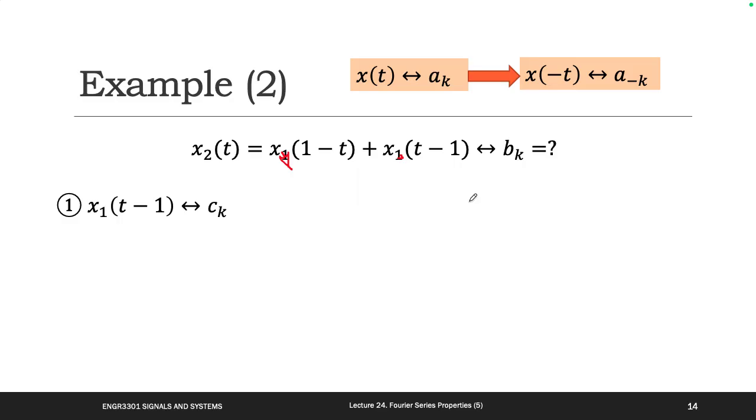And then for x1(t - 1), the new Fs coefficient, you can use the shifting property to get that, right? This one is easy to get, we can use the shifting property. But this one is not the typical shifting property we can use, so we cannot directly use the Fs coefficient.